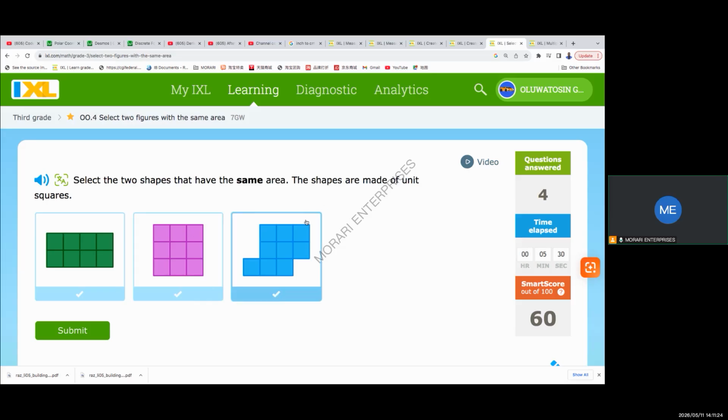Depending on where you are. If you are in America, you use the customary system where we measure in inches, feet, yards, miles. If you're in Europe, China, or Asia, Africa, or the rest of the world, you use the metric system where we measure in meters square, kilometers square.